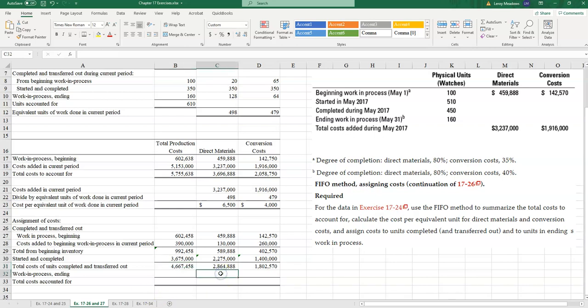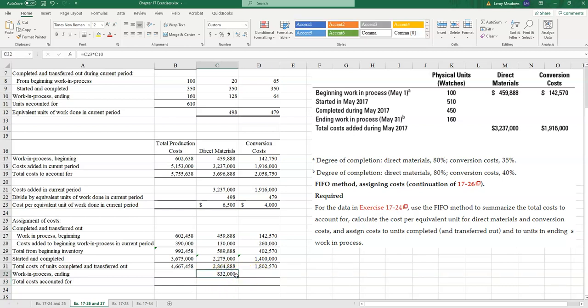So now I want to put a value on my ending inventory. Under first in, first out, I will take my cost per equivalent unit and multiply that by the equivalent units in ending work in process inventory, and I have $832,000 worth of direct materials.